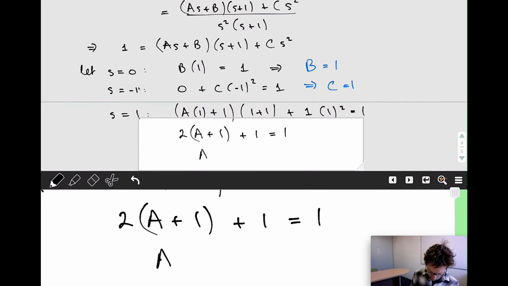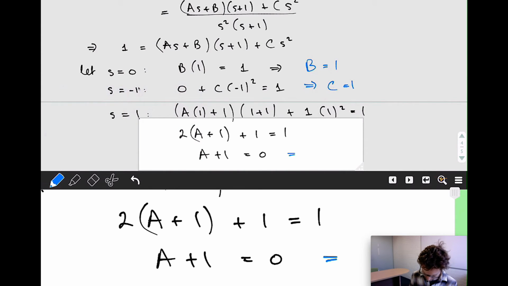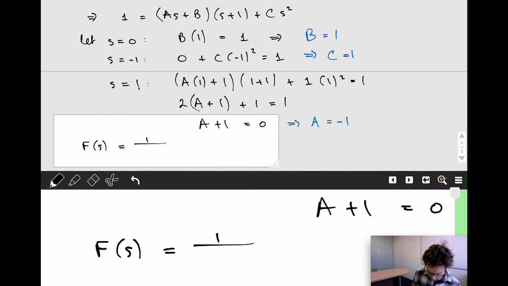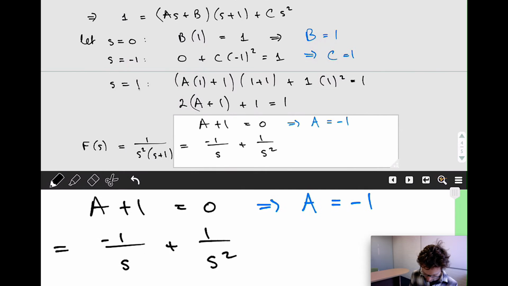I'm going to get a plus 1 is equal to 0, which gives me a equal to minus 1. So I have a, I have b, I have c, so F of s, which was given by 1 over s squared (s plus 1), is equal to minus 1 over s, plus 1 over s squared, plus 1 over s plus 1.